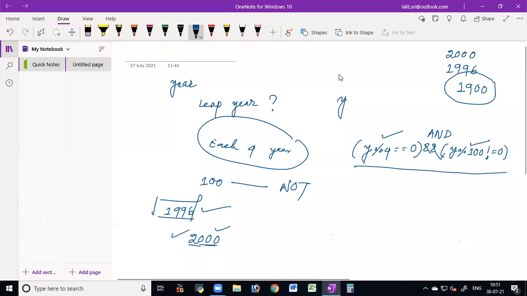Can anyone from you say the correct answer? What should I write in the condition box? Because this was the condition before 2000. When the year 2000 came, this condition became false.